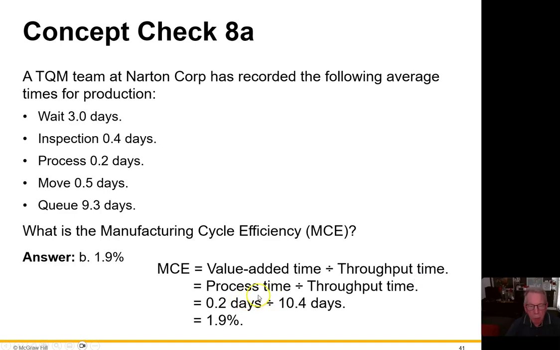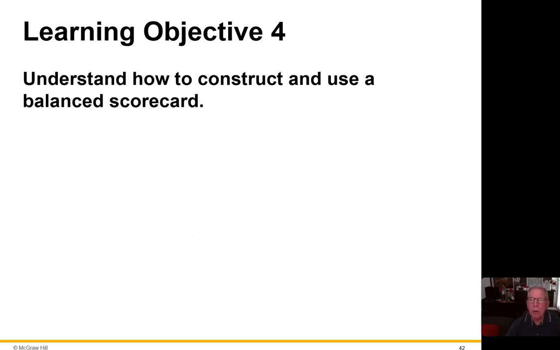And so that would be the process time divided by the throughput time. And so in this case, it's 0.2 days divided by 10.4 days, or 1.9%. Pretty poor, actually, right? So now we're going to understand here how to construct and use a balanced scorecard.